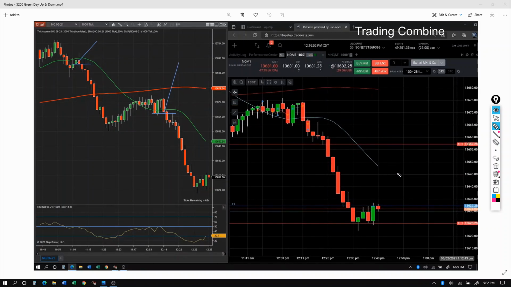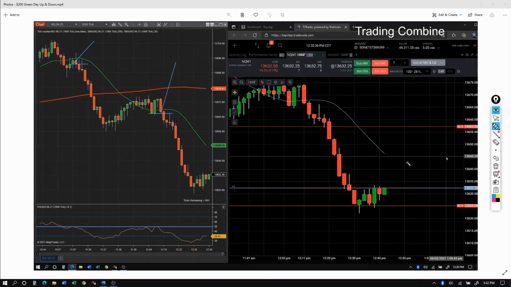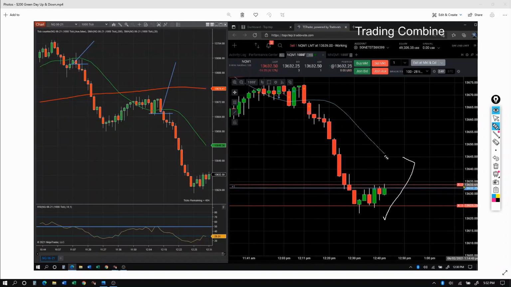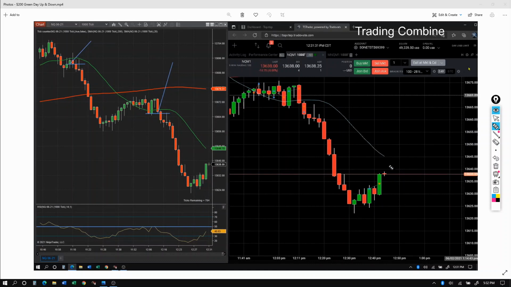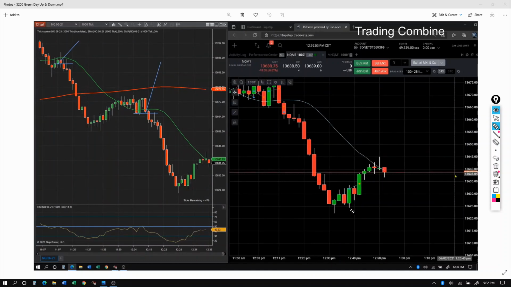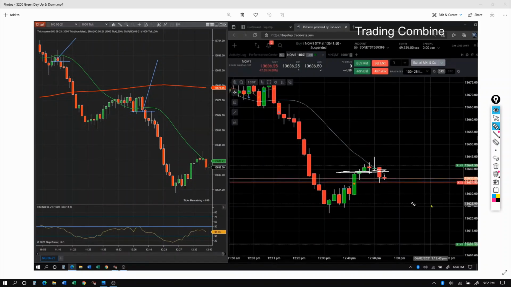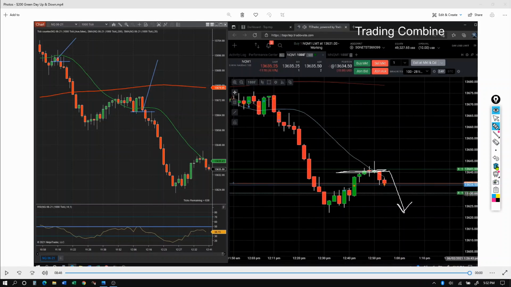I'm actually breaking my rule here, technically trading against the trend, because this is to me a retracement back to the 20 moving average. You know that the buyers are going to come in and push it up, but I'd rather not risk it. I'd rather wait for entries down here and wait for the move back down.